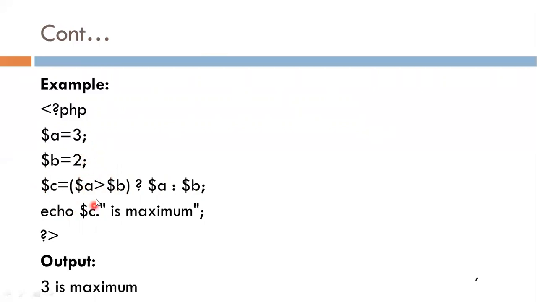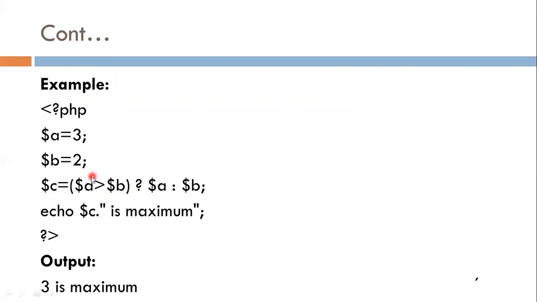First of all, the value of $a, 3, is compared: 3 greater than 2, that means the condition is true. So the statement after the question mark is executed, meaning $a, the value of $a, which is 3. So 3 is stored in $c.